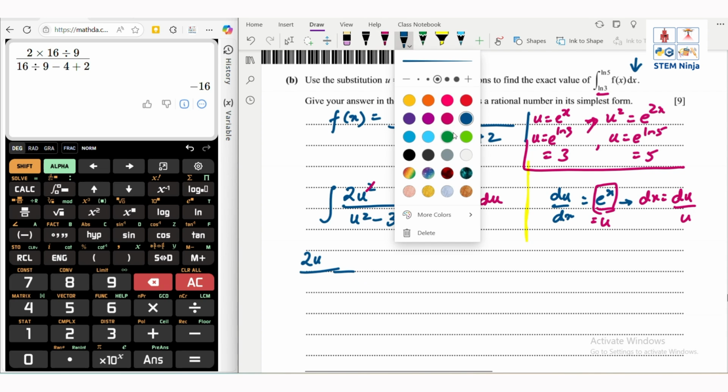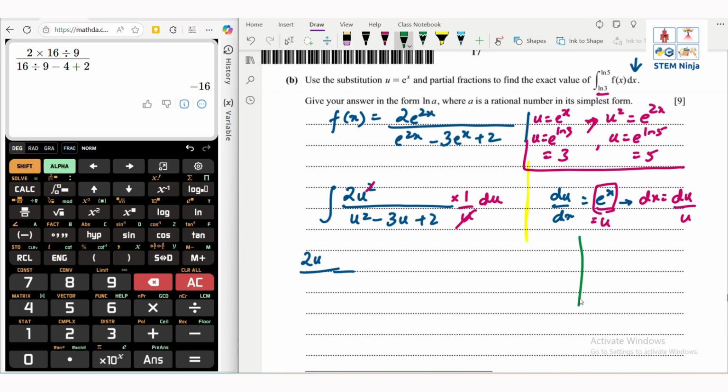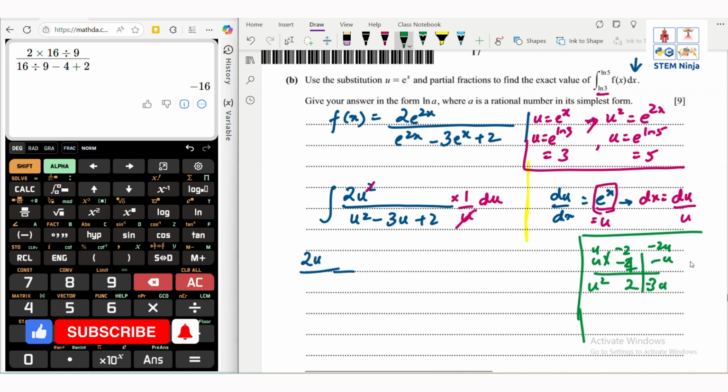So u squared, 3u, so this is minus 2 and minus 1. So minus 2u minus u. So this becomes (u minus 2)(u minus 1).